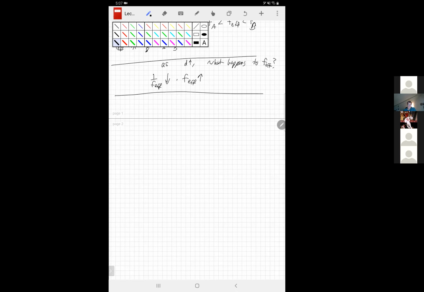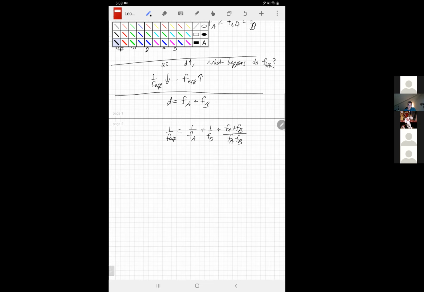Okay, so eventually, let's say that D equals FA plus FB. In that case, something very special happens. We've got 1 over F effective equals 1 over FA plus 1 over FB minus (FA plus FB) over FA FB.